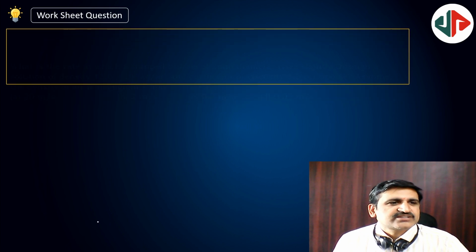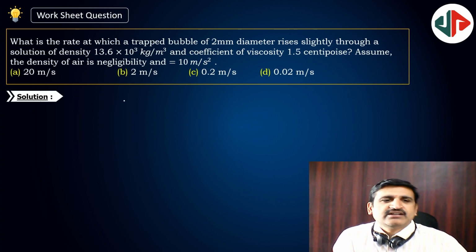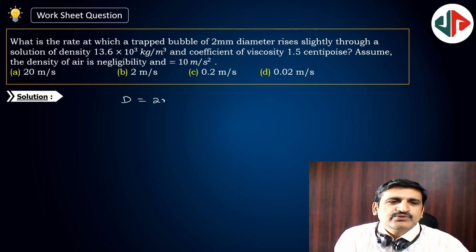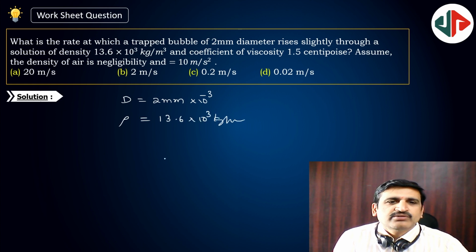Option A. Next. What is the rate at which a trapped bubble of 2 mm diameter is equal to 2 mm, you need to write it into 10 power minus 3, diameter rises slightly through a solution of density 13.6 into 10 to the power of 3 kg per meter cube, and coefficient of viscosity is 1.5 centipoise, 10 power minus 2 poise.